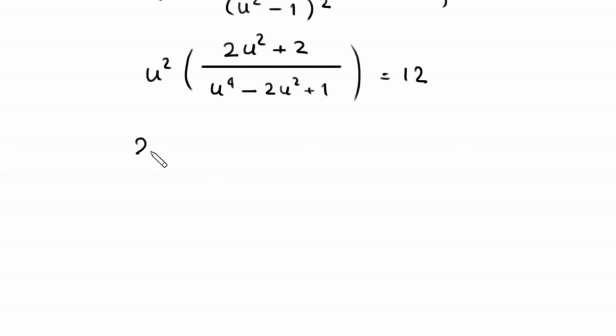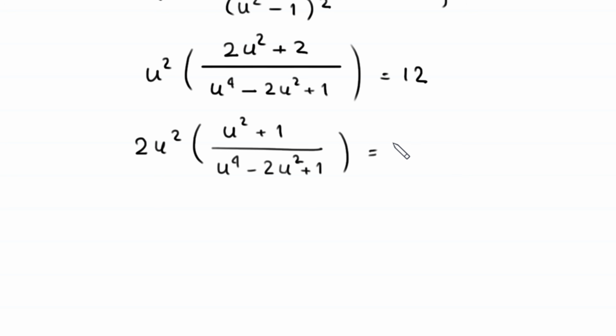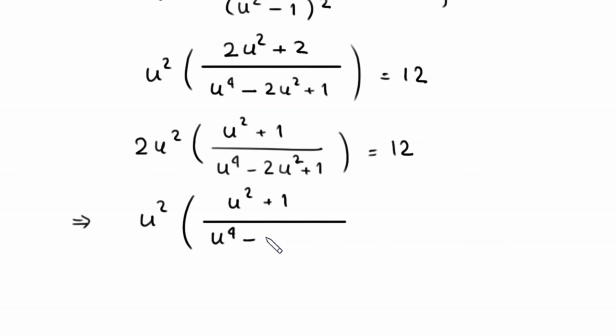So this will become 2u squared times (u squared plus 1) divided by this expression u to the power 4 minus 2u squared plus 1 equal to 12. And from here if we divide both sides by 2, this implies that u squared times (u squared plus 1) divided by u to the power 4 minus 2u squared plus 1 equal to 6.